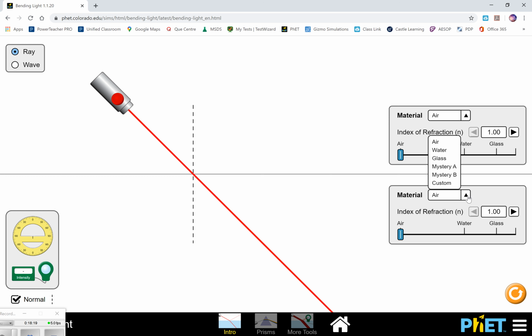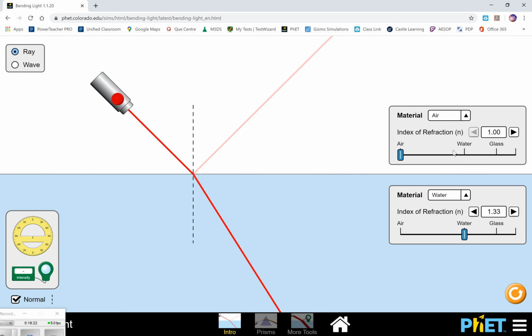Now, if we change this to, let's say, water, a couple things happen. Well, we have our normal line here, which is perpendicular to our interface. And we have what looks like two different rays.